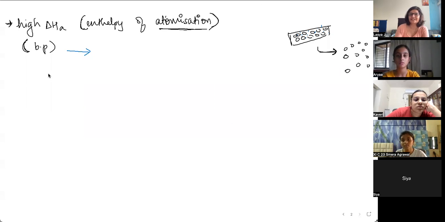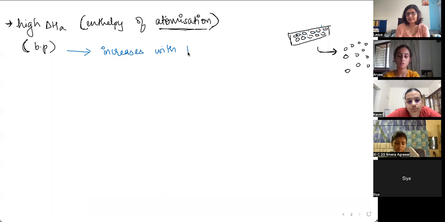Yeah. In general, d block has high enthalpy of atomization in the periodic table. And within d block, same as boiling point, it increases up to a point and then it decreases. It increases with the number of unpaired electrons, similar to what you had with the boiling points.